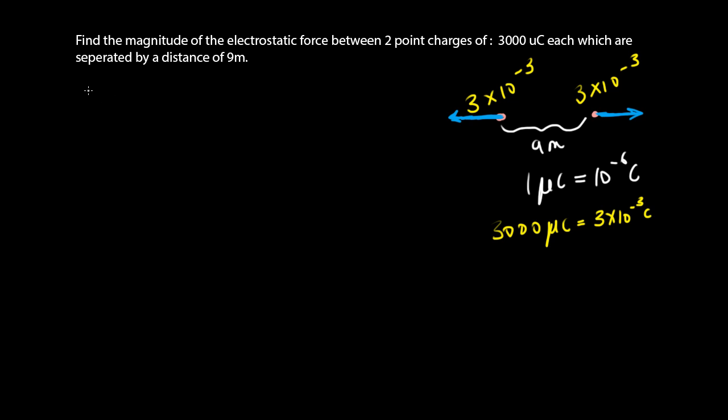Okay, so in my last video I just gave you the formula. It is Coulomb's law, which says that the force between 2-point charges which are separated by a distance of r, and the two charges have the magnitude q1 and q2, is given by some constant k times the product of the two charges q1 q2 divided by the square of the distance between those two charges, so by r squared.